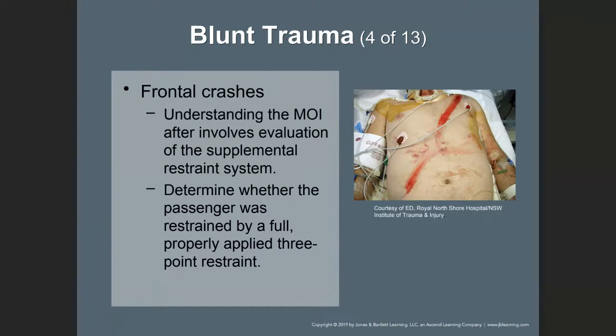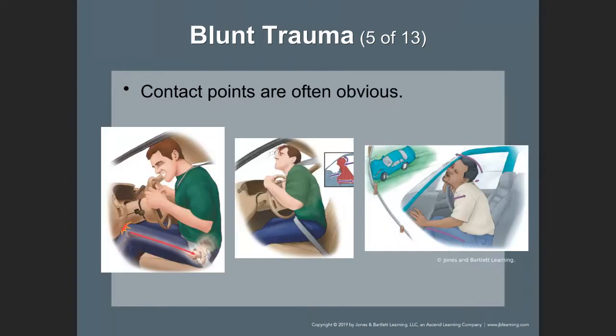Determine whether the passenger was restrained by a properly applied 3-point restraint. Now, contact points are often obvious. Persons that are tall tend to go over the steering or over the dashboard.